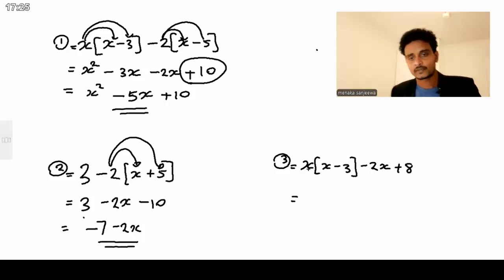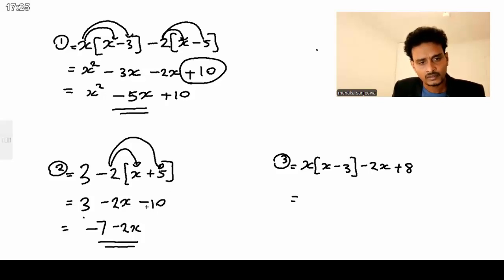Here how many terms are there? Excuse me, sir. In the second one, how did minus 10 come? Minus 2 and plus 5, you have to multiply, right?